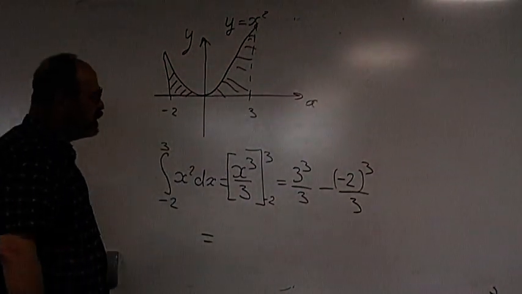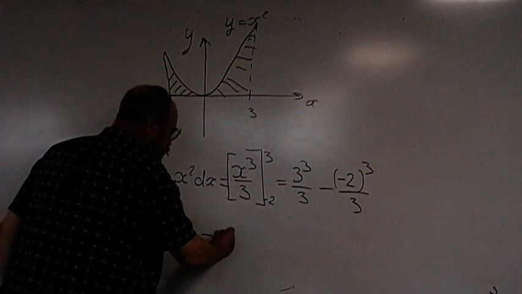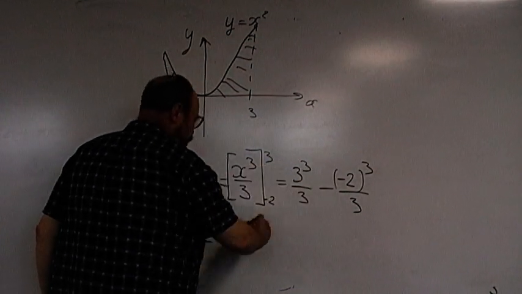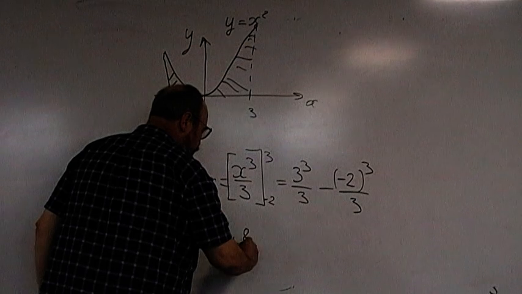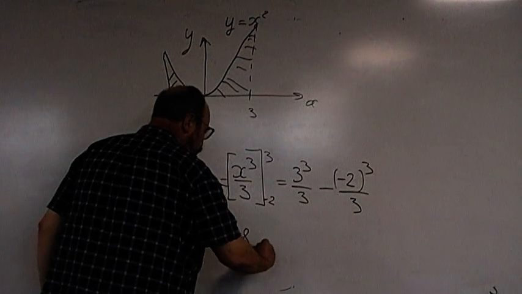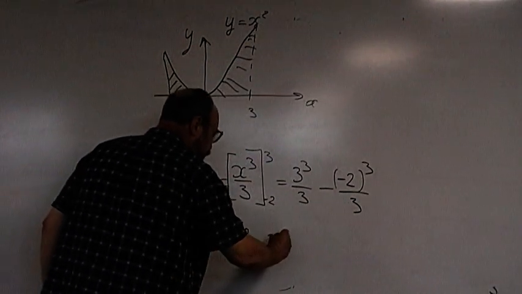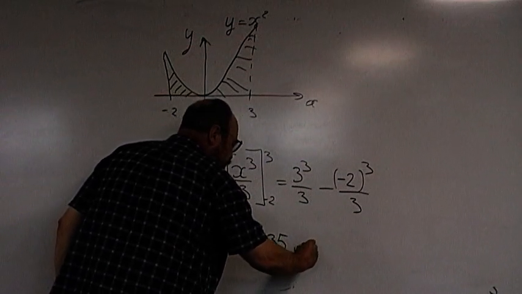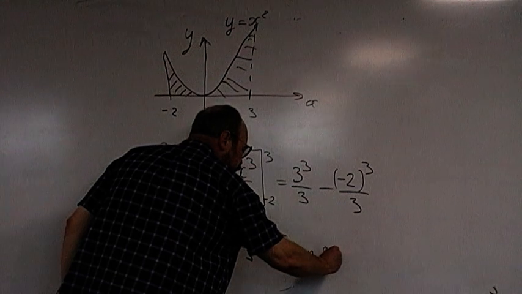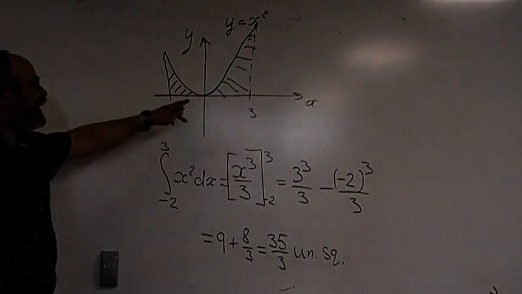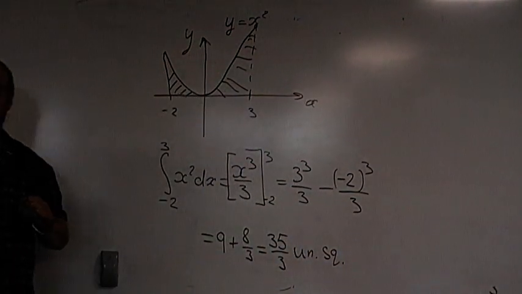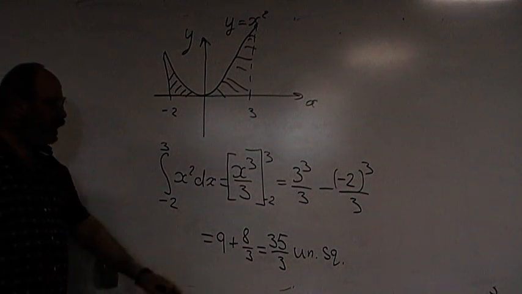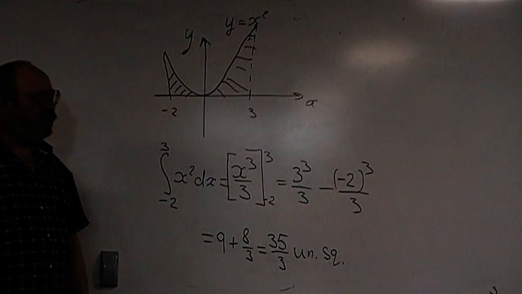That equals 27 over 3, which is 9, minus negative 8 on 3, so plus 8 on 3, which will equal 35 on 3 units squared. So that will be the exact value of the area enclosed between the curve y equals x squared and the x-axis.